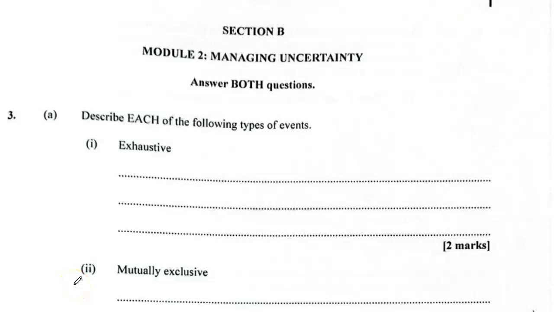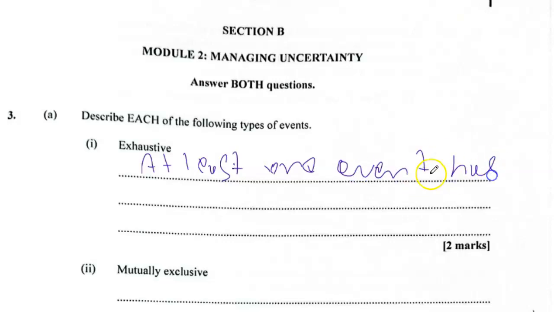Question 3. Describe each of the following events. Exhaustive events. So events are exhaustive if at least one event has to occur.